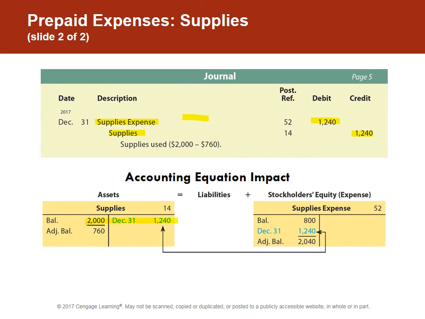We've adjusted it, and it shows the correct adjusted balance. And the supplies show that we have a beginning balance plus we've made this adjustment. So here's our ending balance in supplies, because we've taken two different accountings for the month of November and December to see how much we have left in supplies. Supplies expense goes up, and the supplies asset account goes down.